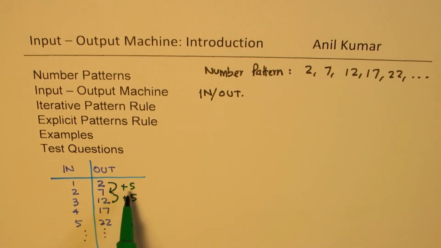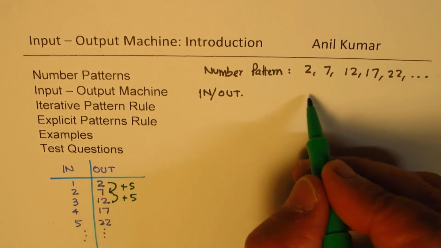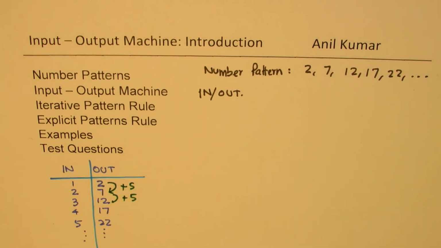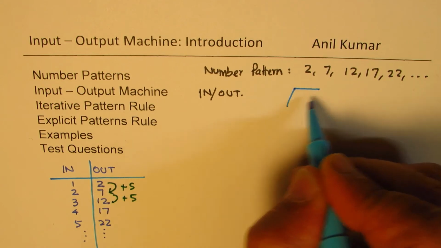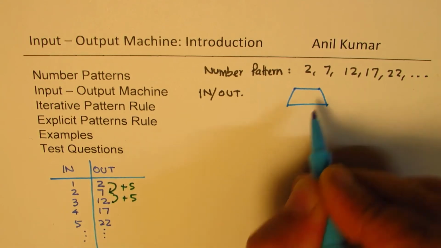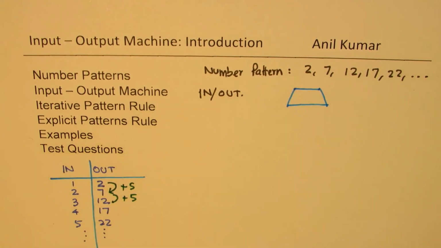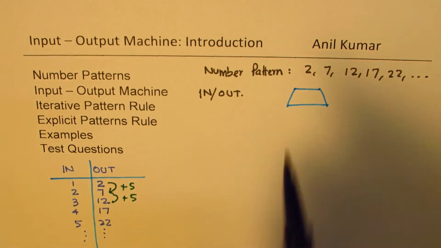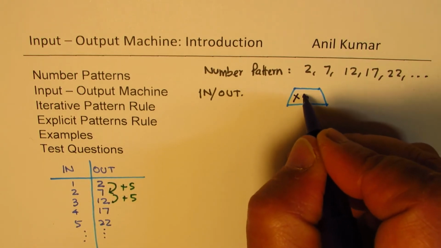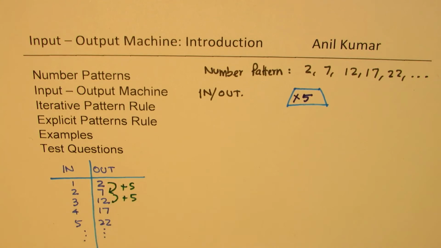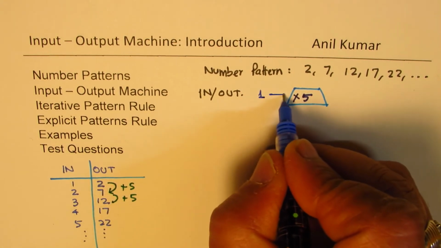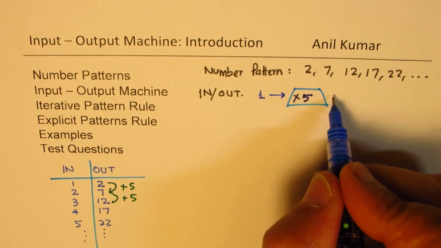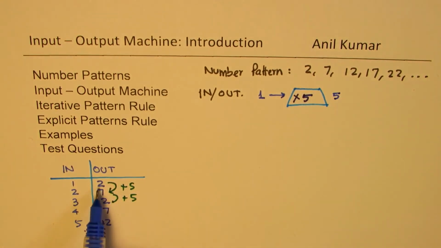So if I multiply by 5, let's say we have an input, and to our input, let me make two operations to make it simpler. We have the first operation as times 5. So if I enter 1 here as my input, times 5 will be 5, but I need 2.